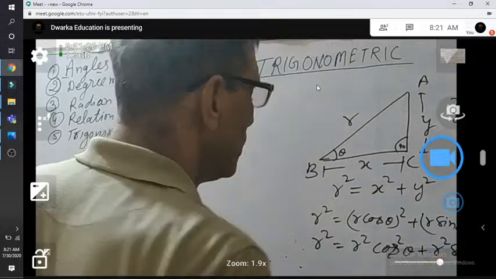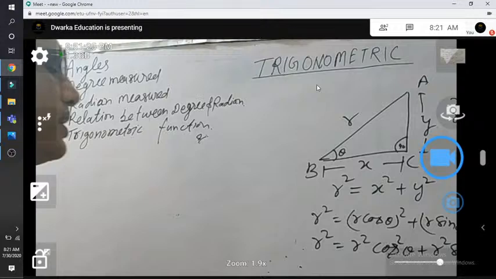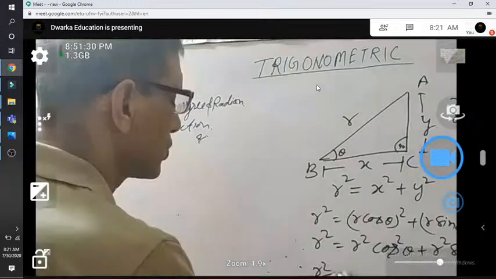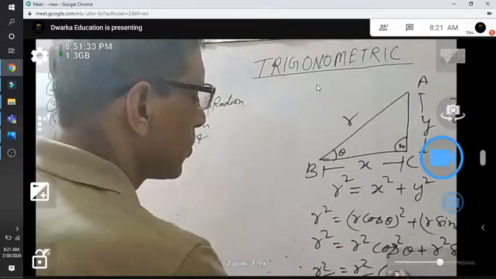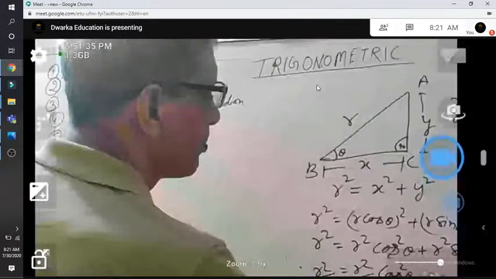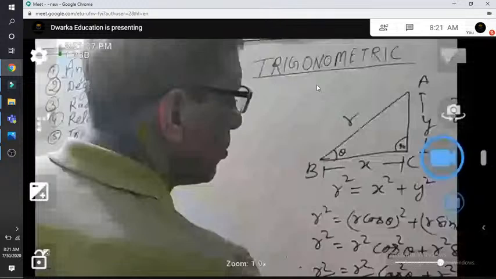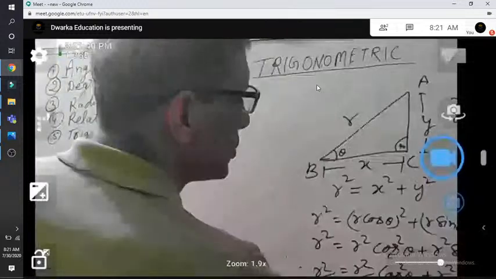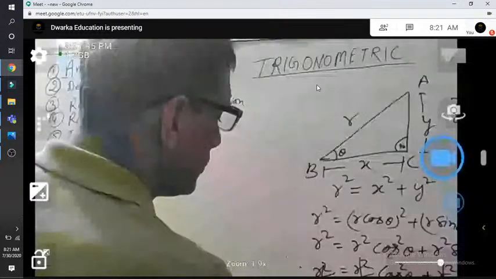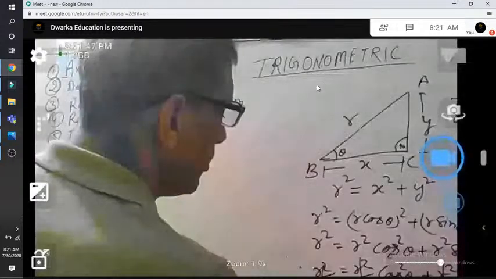Now divide by r square both sides. We can say that r square over r square is equal to r square over r square cos square theta plus r square over r square sin square theta. These cancel. We can say that sin square theta plus cos square theta is equal to 1.